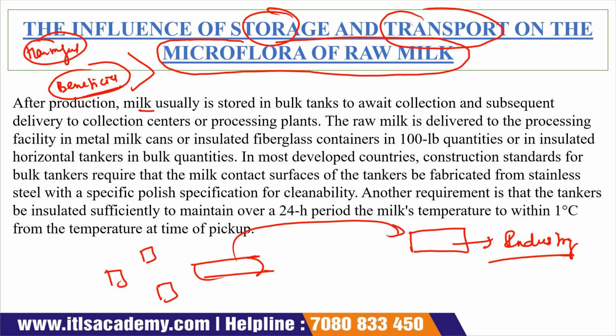After production, milk is usually stored in a bulk tank to await collection and subsequent delivery to a collection center or a processing plant. The raw milk is delivered to the processing facility in a metal milk can or an insulated fiberglass container in 100 lb quantities, or in insulated horizontal tankers in bulk quantities.